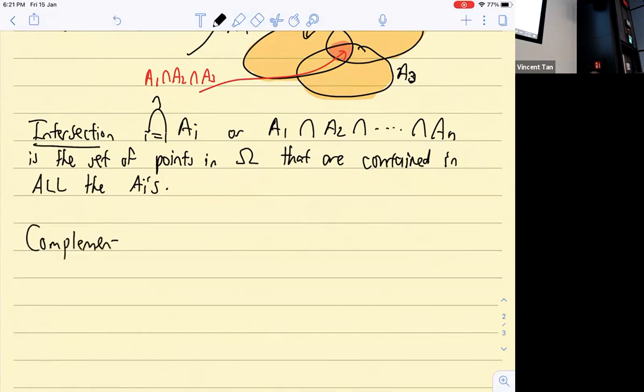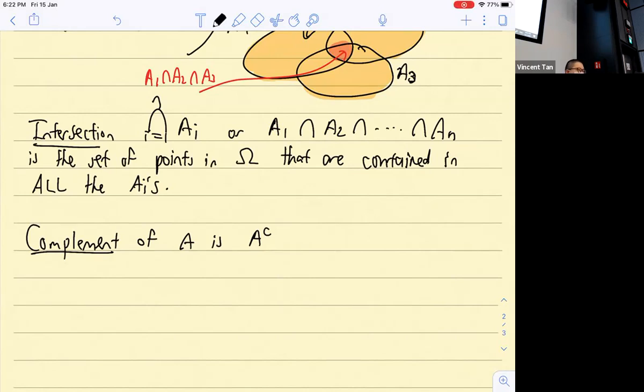Complement is also another thing that we will have to deal with. The complement of A is denoted as A complement like this. But I don't really like this notation. If you're a proper mathematician, you wouldn't like it either, because you do not know what you are complementing against. Where does A live?